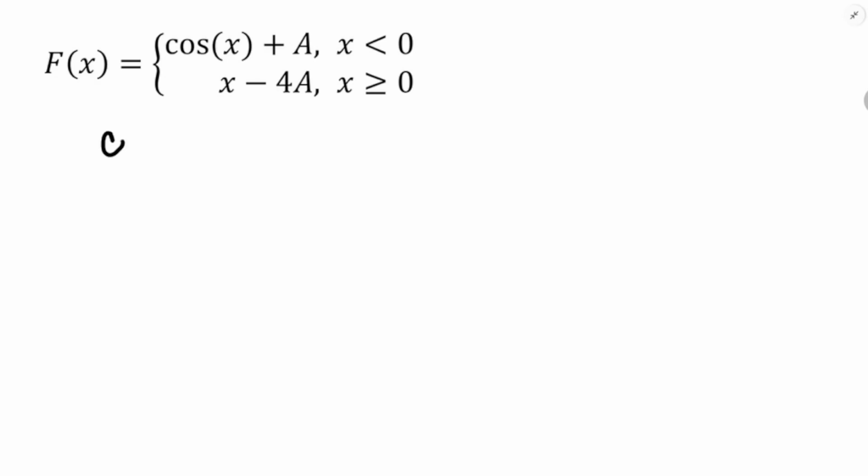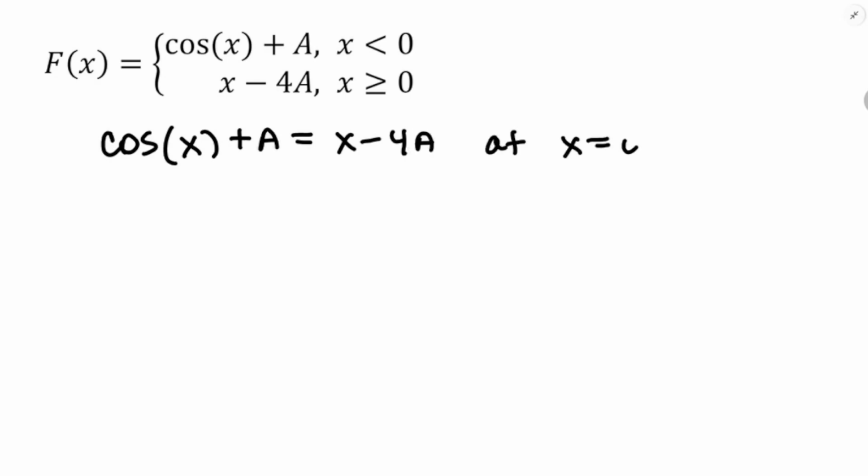So we need cosine x plus a to equal x minus 4a at the point where x equals 0. Cosine of 0 plus a equals 0 minus 4a.